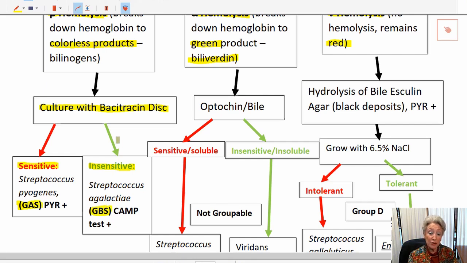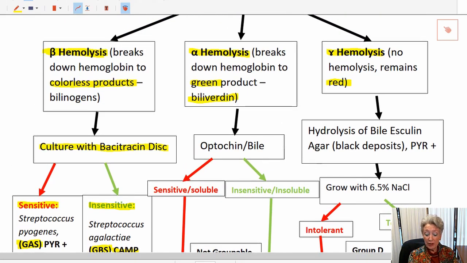And my further test to distinguish that one is a positive CAMP test. Now, a CAMP test is not a test for cyclic AMP. It's a test for an additional incomplete hemolytic agent. And I'll talk about that a little bit more in a moment. But notice the major way to distinguish between group A and group B is the sensitivity to bacitracin.